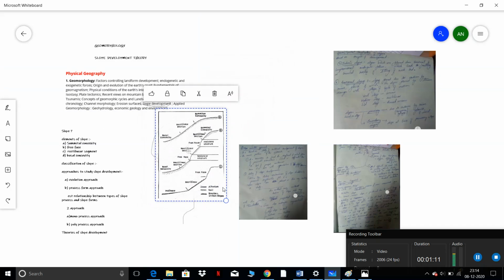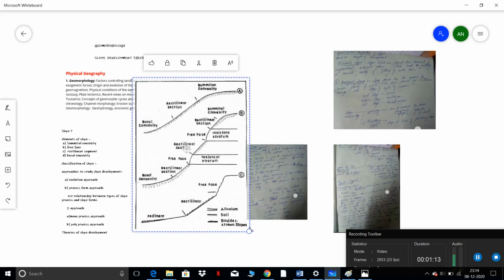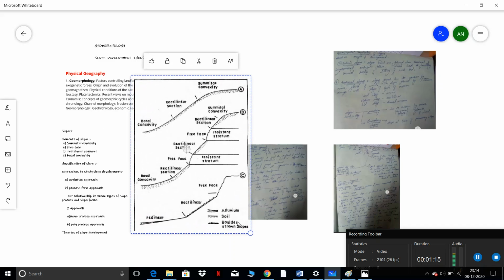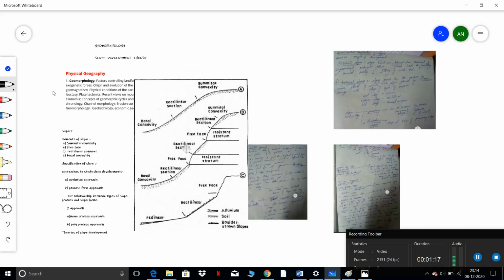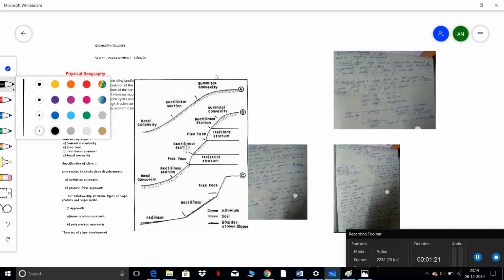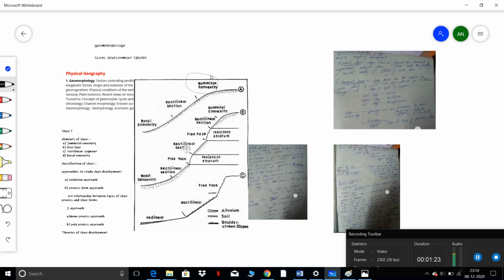This picture demonstrates various types of hill slopes, forms of hill segments. Here there is a convexal summity. It represents the topmost portion of a hill slope.